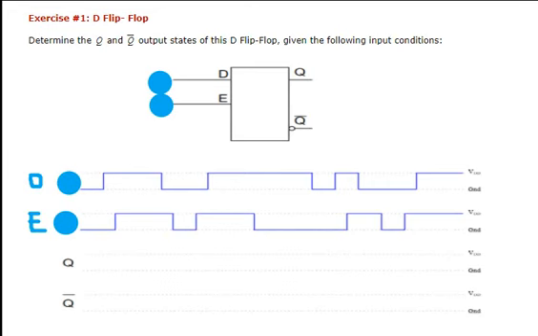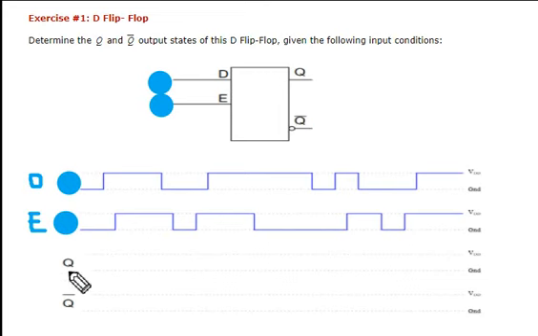If your diagram has a little bubble symbol at the enable input, that indicates a falling edge triggered D flip-flop. But since the one I have here does not have that bubble symbol, this is a rising edge triggered D flip-flop.